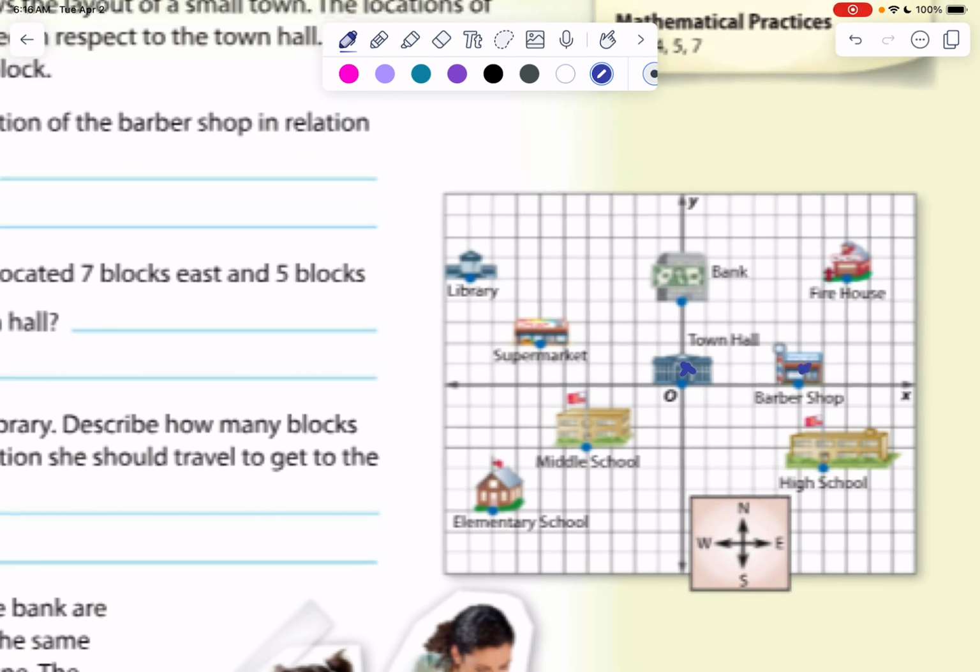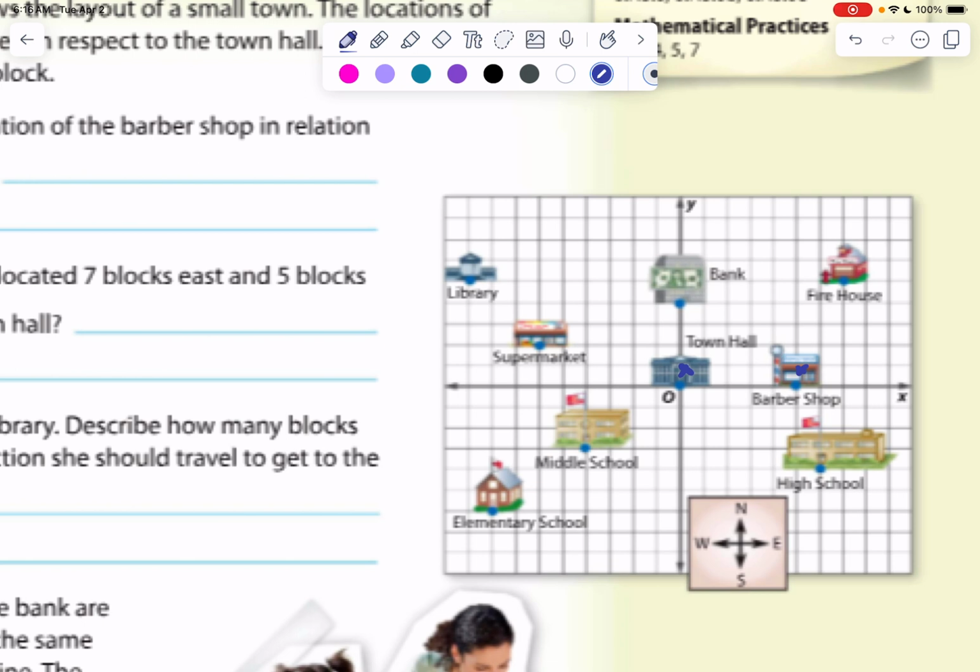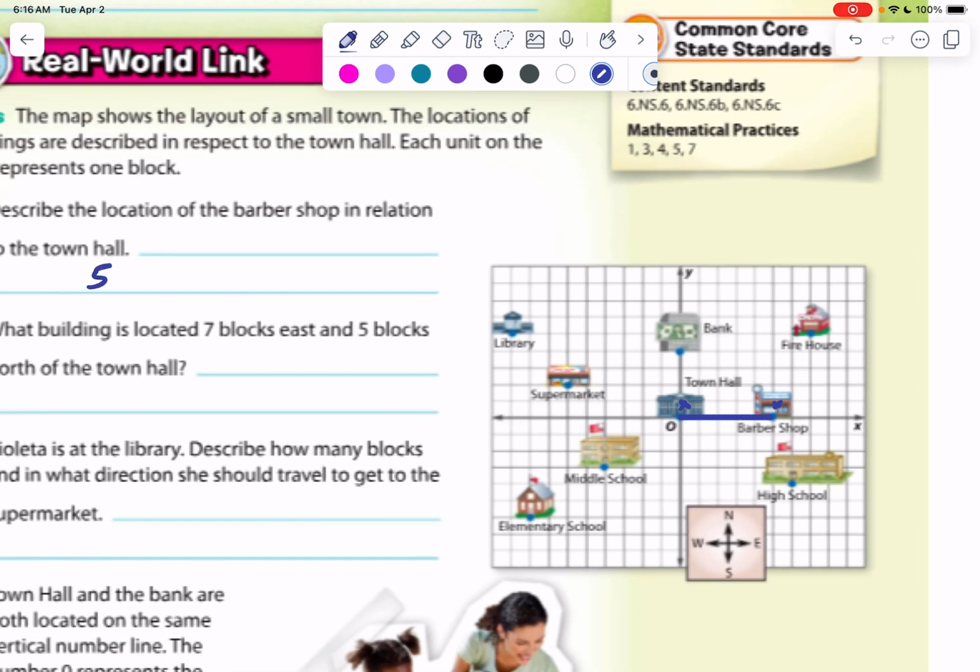So we could say that the barber shop is 1, 2, 3, 4, 5 units to the right of town hall. 5 units to the right of town hall.